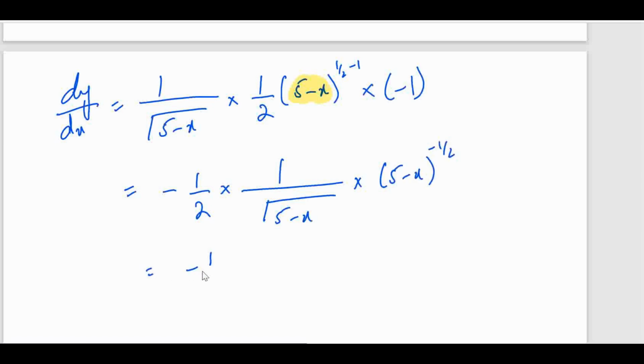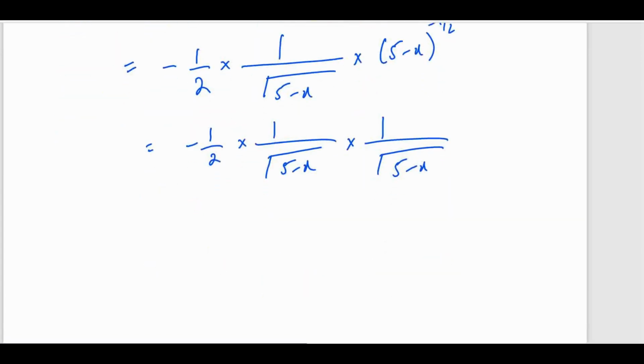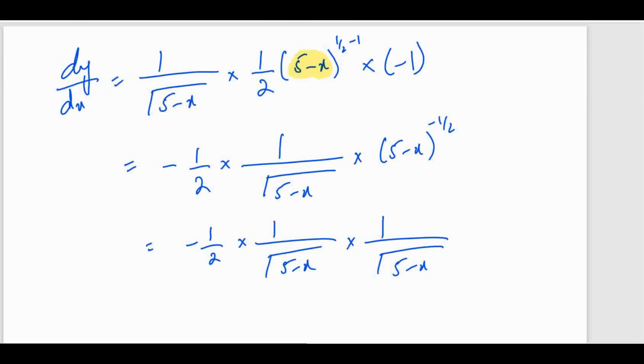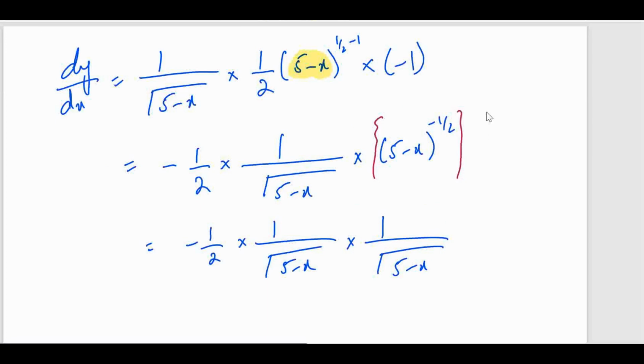The final answer will be minus 1 by 2 multiplied by 1 by square root of 5 minus x, multiplied by 5 minus x, because we can write this portion as 1 by (5 minus x) whole power positive 1 by 2, and then we can replace it with this. So that is why we can write it like this.